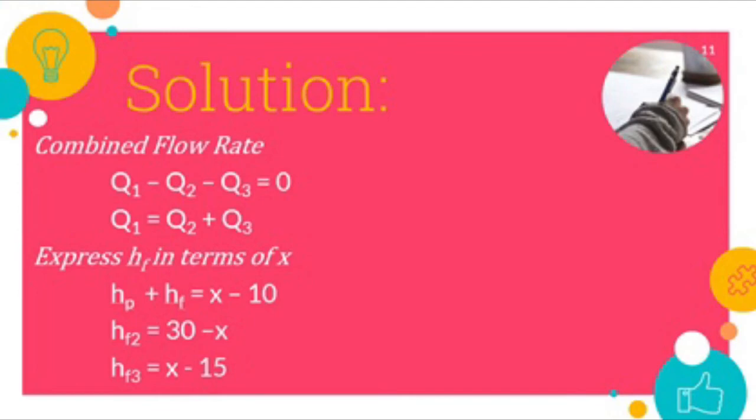After which, we need to express the head loss in terms of X. The head loss for the pressure plus the head loss for pipe number 1 is equal to X minus 10. For pipe number 2, the head loss is equal to 30 minus X. Lastly, for pipe number 3, the head loss equation is equal to X minus 15.